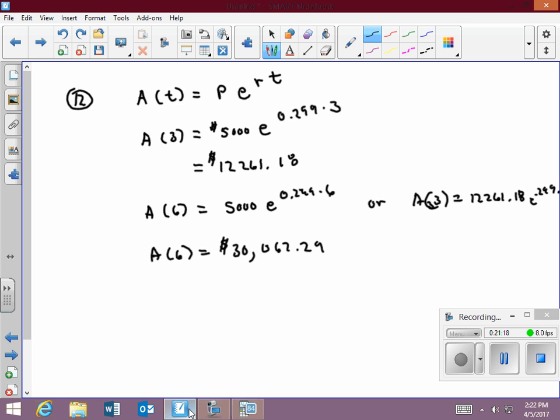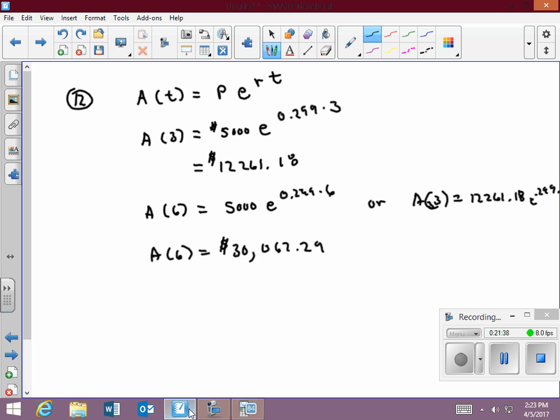And that's exponential growth. And if you look, credit card companies charge you that kind of interest, don't they? But I don't know whether they charge continuous or not. Okay.